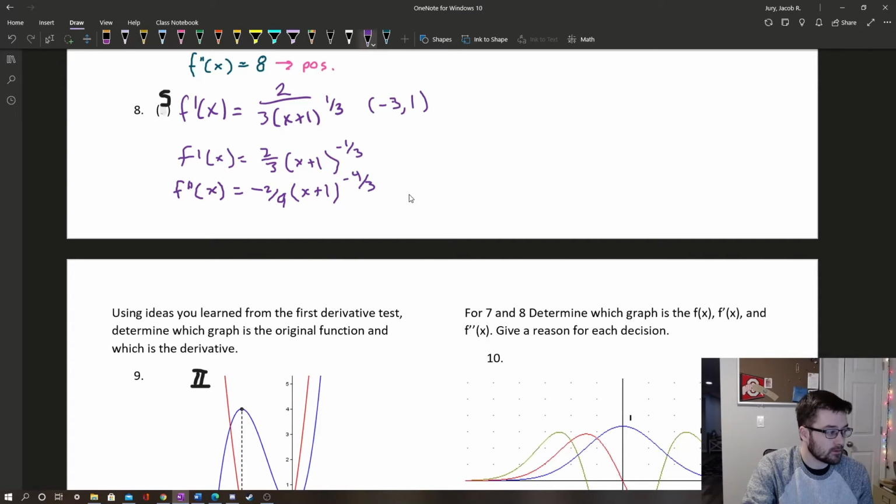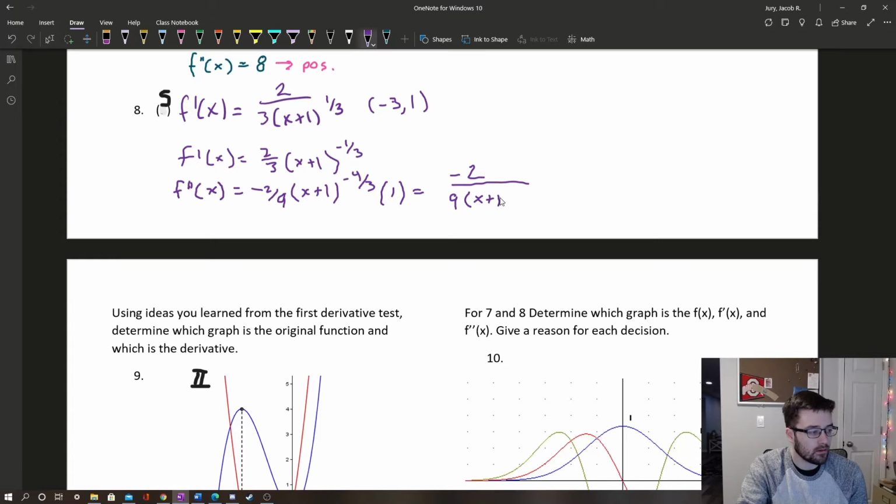I'll just write 1 out there for continuity's sake. So this is equal to negative 2 in the numerator, and then over 9 times (x plus 1) to the 4/3.